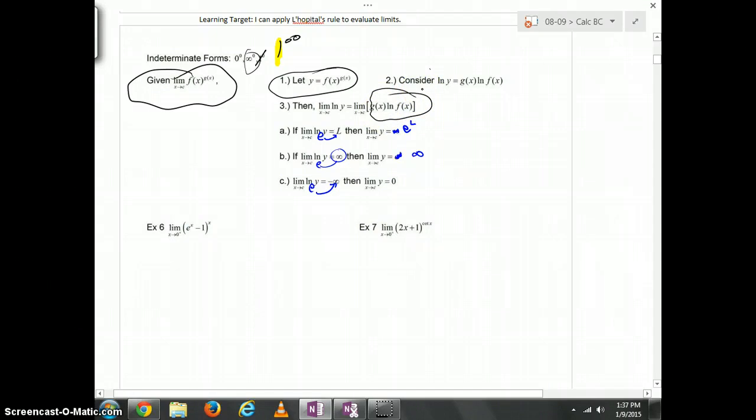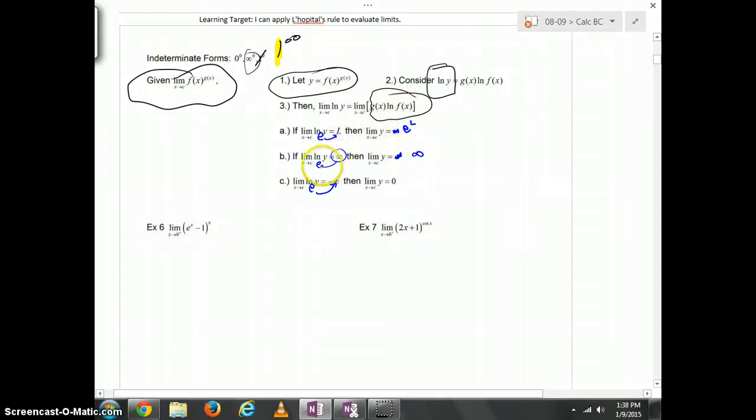Once you evaluate what this limit is, we can see very quickly that, remember, we found what the natural log of y is. If the natural log of y is equal to some fixed number like 5 or whatever it may be, we'll call it L, use the definition of logarithms, or exponentiate both sides, e to both powers, and you'll be left with e to the L power.